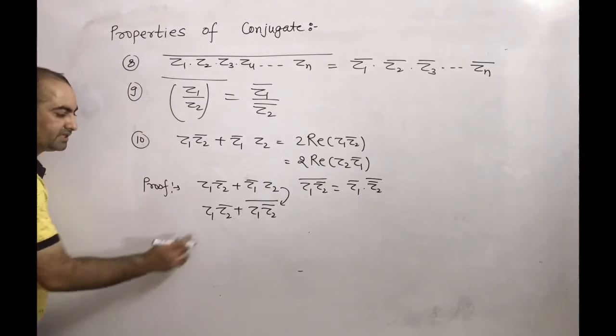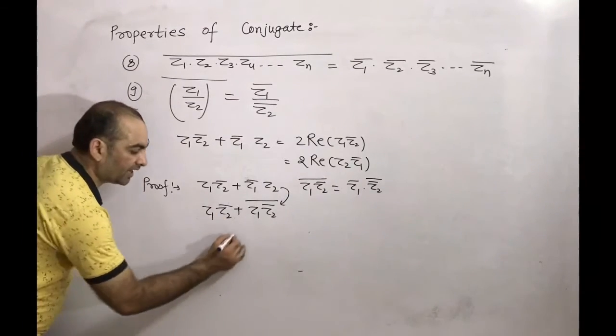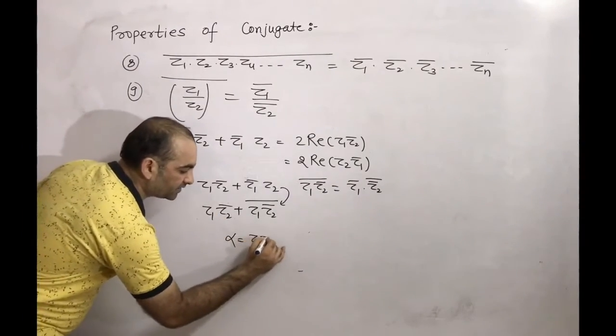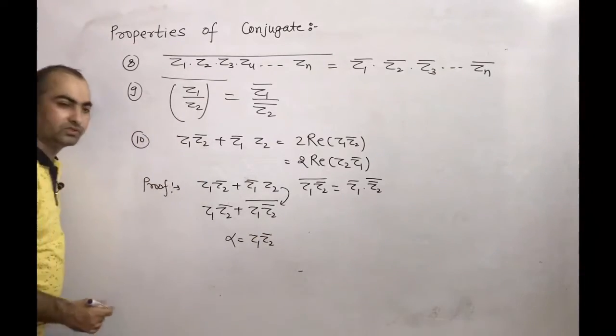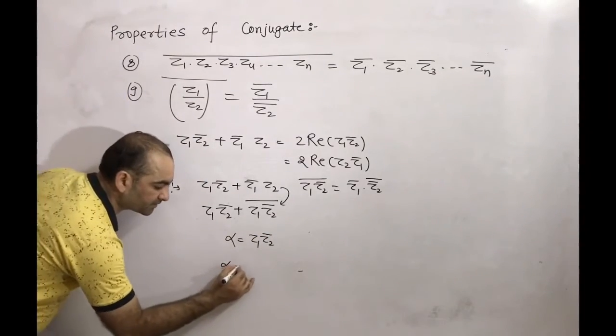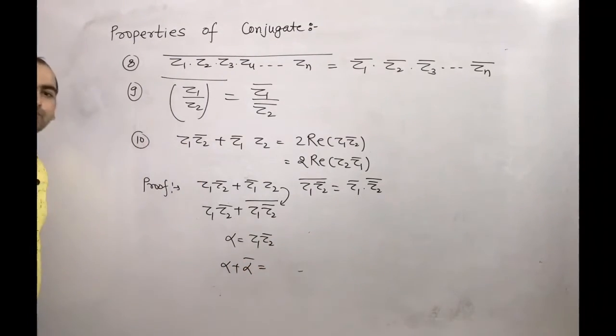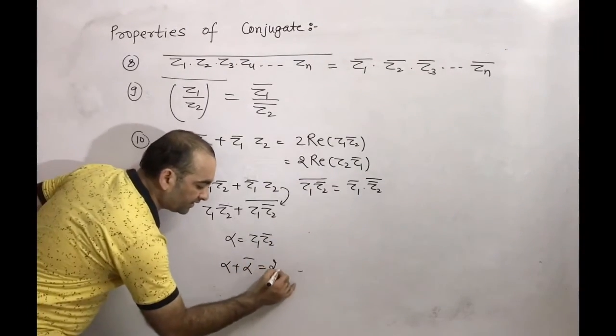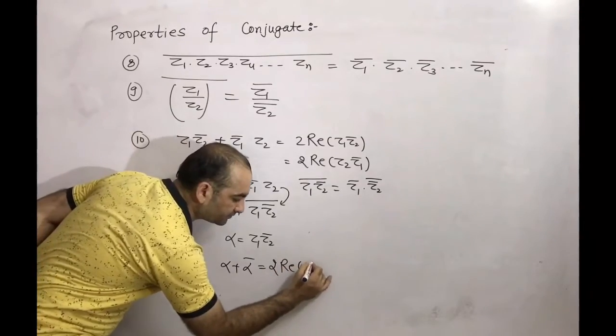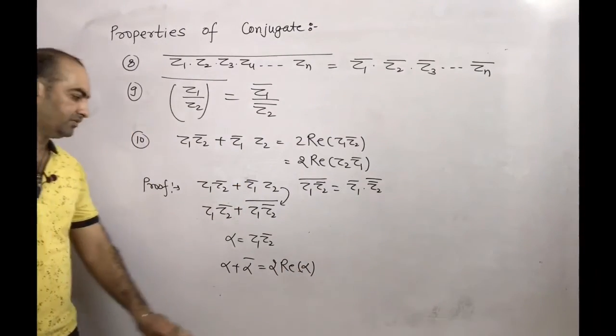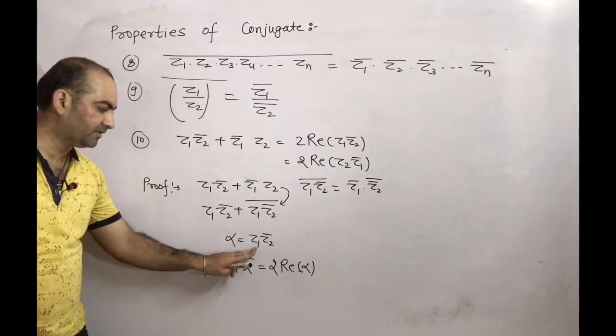Now here z1 z2 bar we are assuming as what? Alpha. So alpha is what? z1 z2 bar. So here what will come? Alpha plus this one is what? Alpha bar. Alpha plus alpha bar is what? 2 times real part of alpha. Alpha is what? z1 z2 bar.